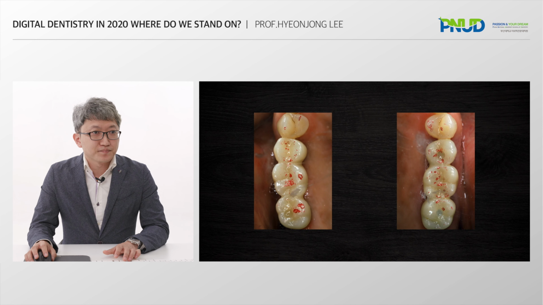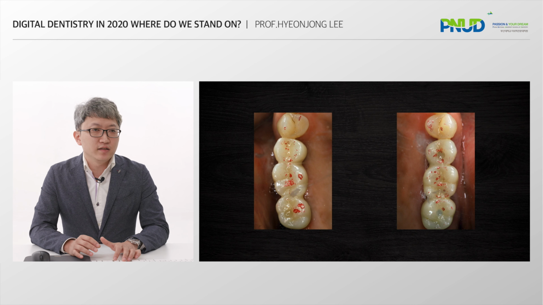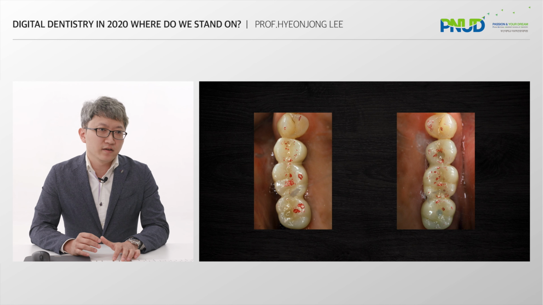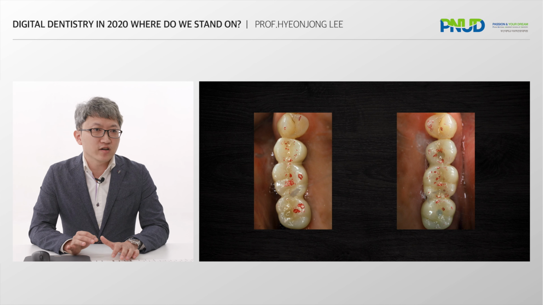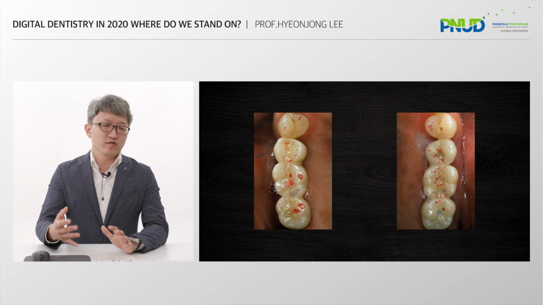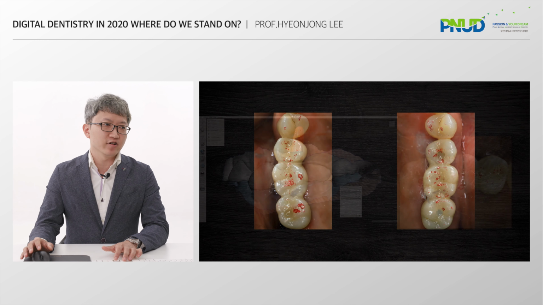Of course, even when designing the implant crown using this software based on automated vector analysis, the occlusal contact points in the mouth wouldn't be the same as in the CAD design because of various errors.